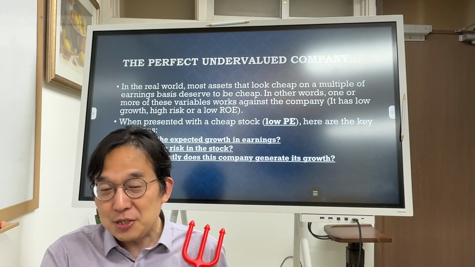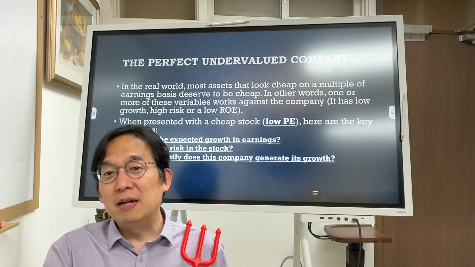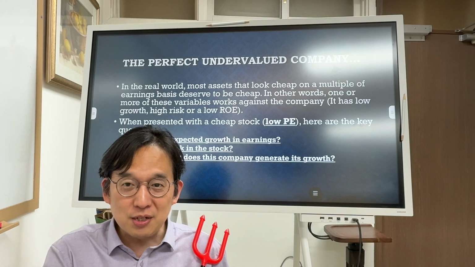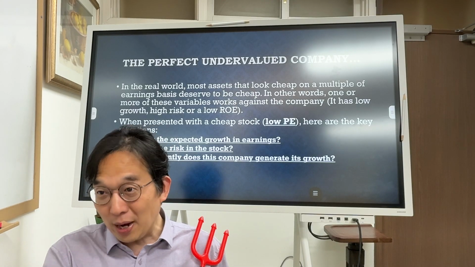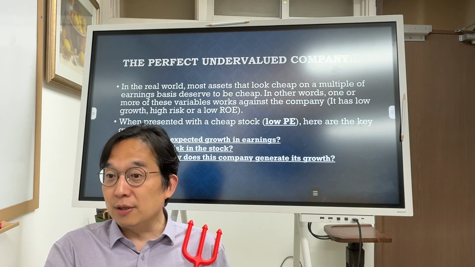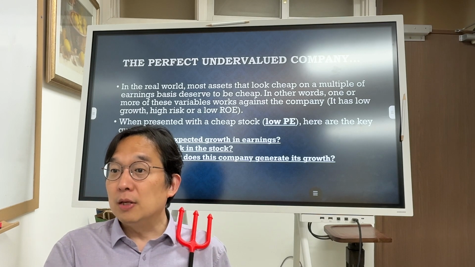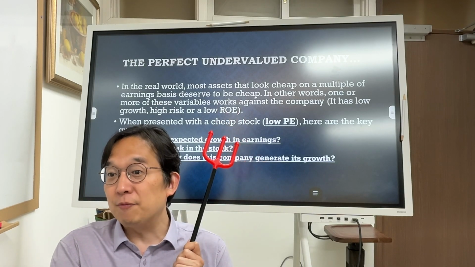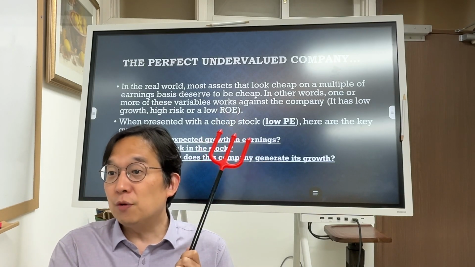The market is efficient, okay? Means investors are competitive. All those free lunch opportunities must have gone away already, okay? The perfectly undervalued company, right? In the real world, most assets that look cheap on a multiple of earnings basis deserve to be cheap.